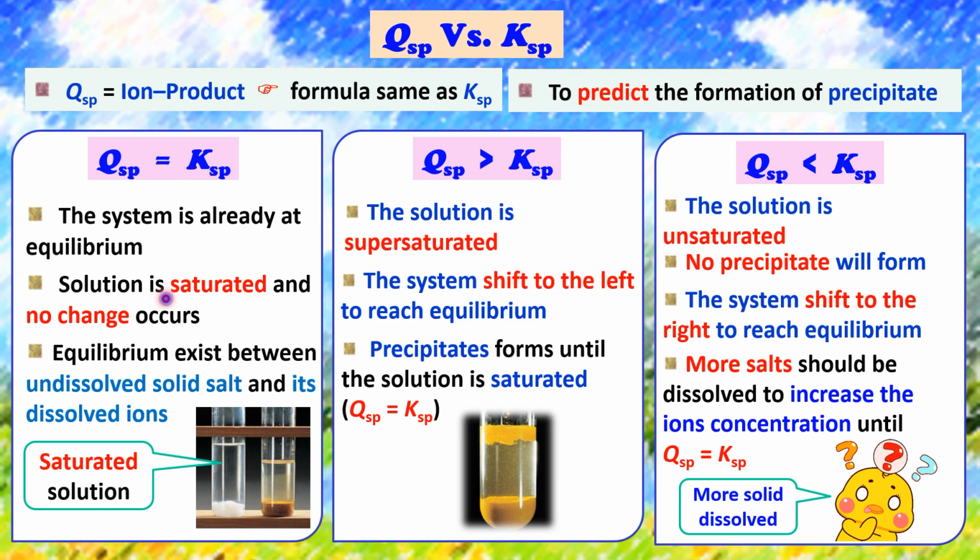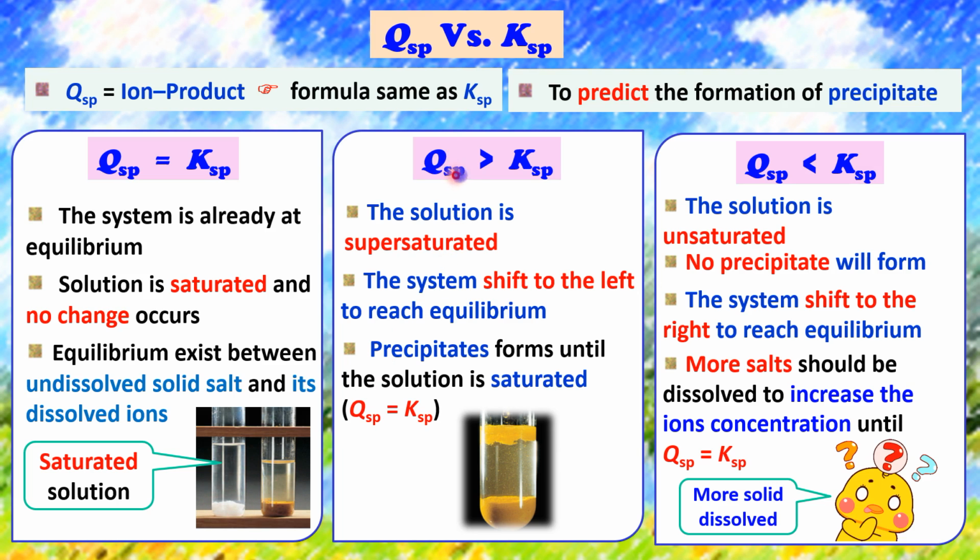So the solution is saturated and no change occurs. Which means that the system does not change direction. Okay, so equilibrium exists between undissolved solid salt and its dissolved ions. This is what we call a saturated solution.